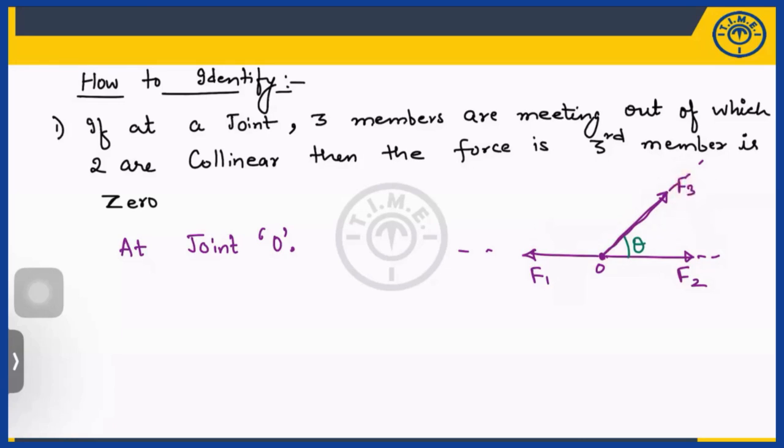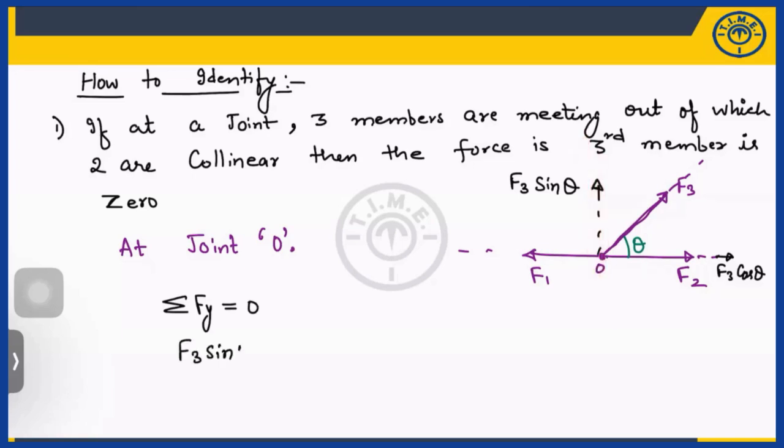This is the F3 force. Can I resolve this force in X and Y direction? Yes. So this force will have components F3 sine theta and F3 cos theta. Now, if I write the equilibrium equation in the y direction, summation of force in y direction is 0, what is the force acting?